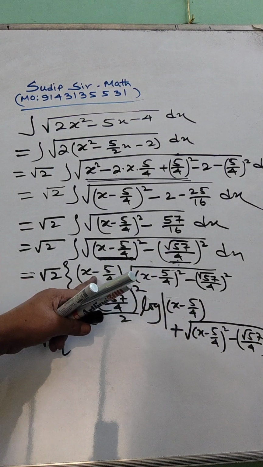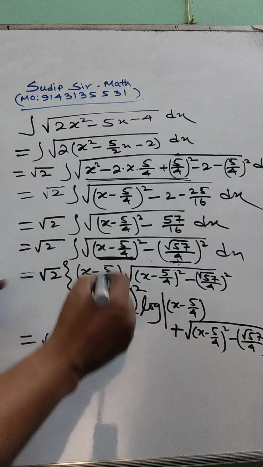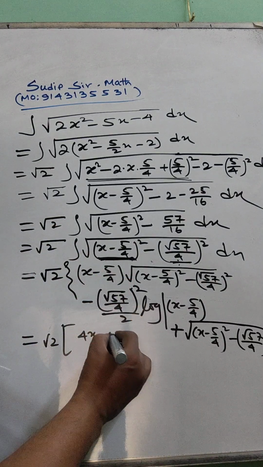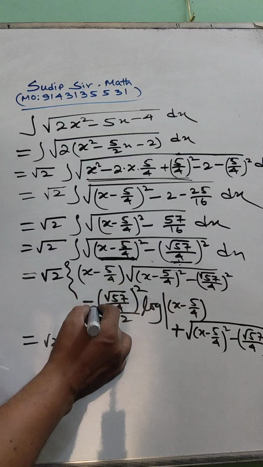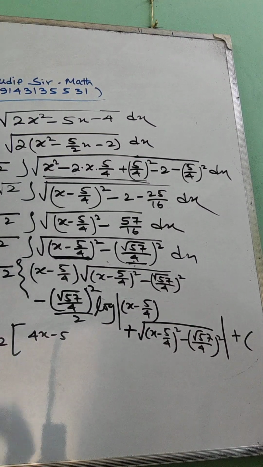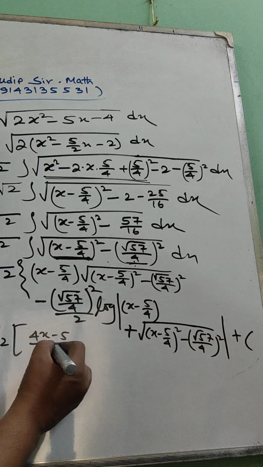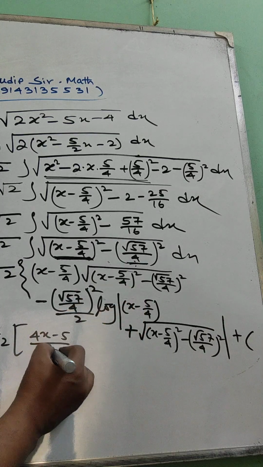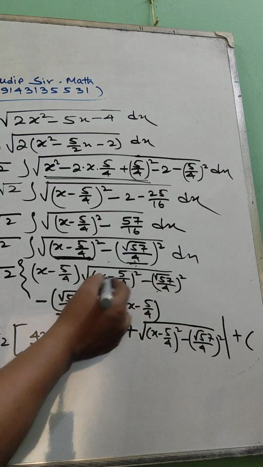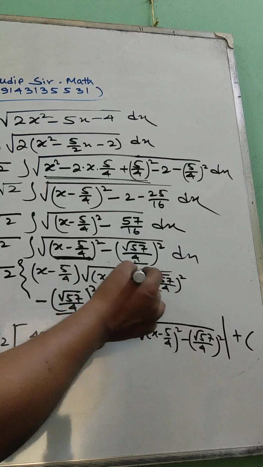This will be 4x minus 5 by 8, because 1 2 will be here from after simplification.